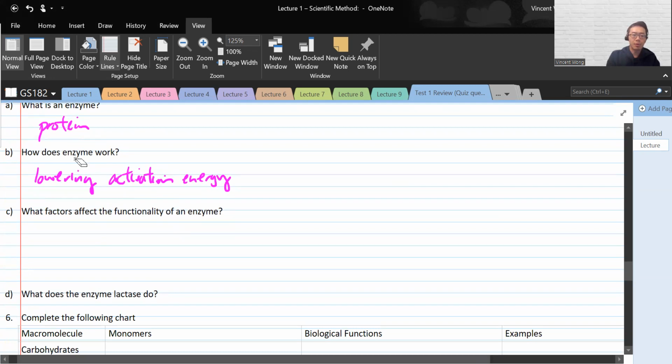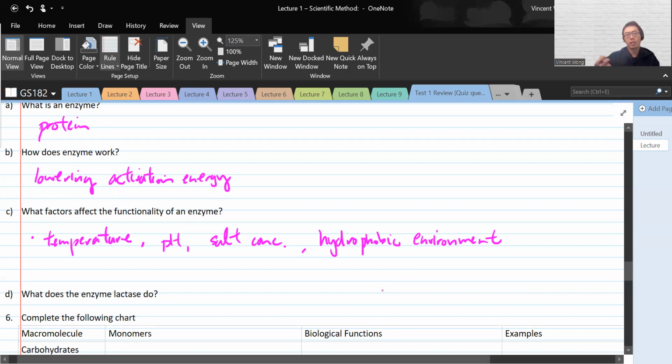What factors affect the functionality of an enzyme? Because an enzyme is a protein, anything that changes the shape of the protein is going to affect how the enzyme works. So things like temperature, pH, salt concentration, and a hydrophobic environment.